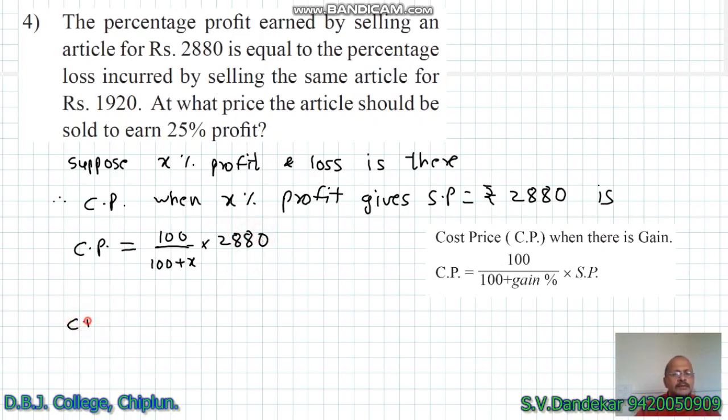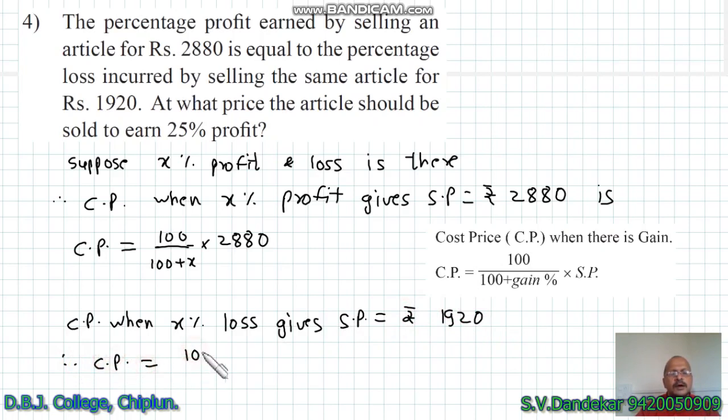Now again CP when X% loss gives SP equal to rupees 1920, and therefore CP is equal to 100 upon 100 minus X into 1920.